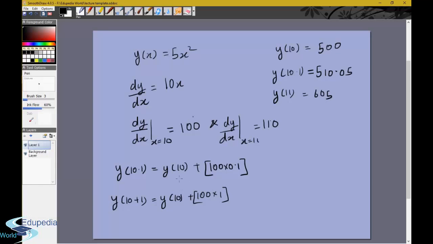The same way we wrote equations in the previous case, if dy by dx was a constant value 100, which would mean y is 100x. So if dy by dx was a constant value, then these two relations would be true.